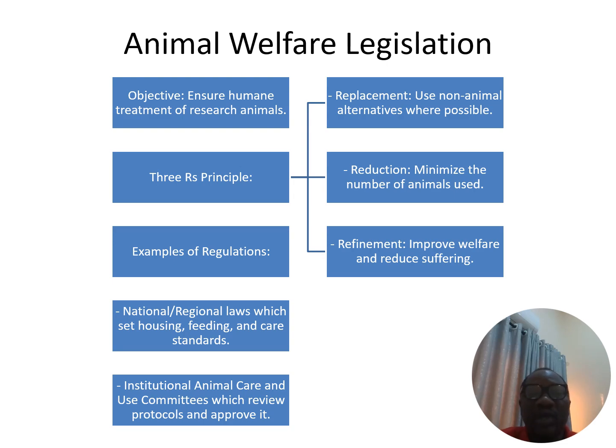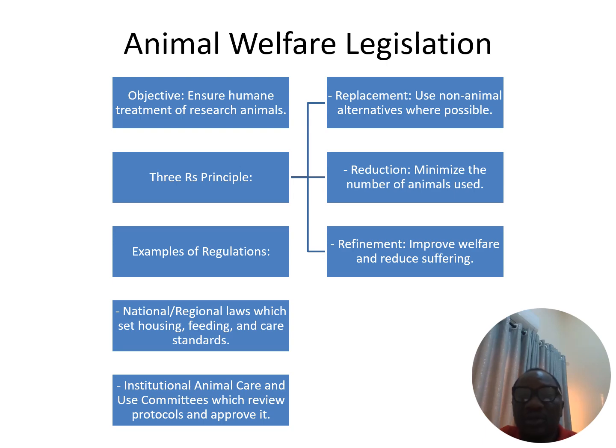The objective of animal welfare legislation is to ensure humane treatment of animals under research conditions, and this objective is governed by the three R's principle. Replacement, which is intended to ensure that non-animal alternatives are used where possible.